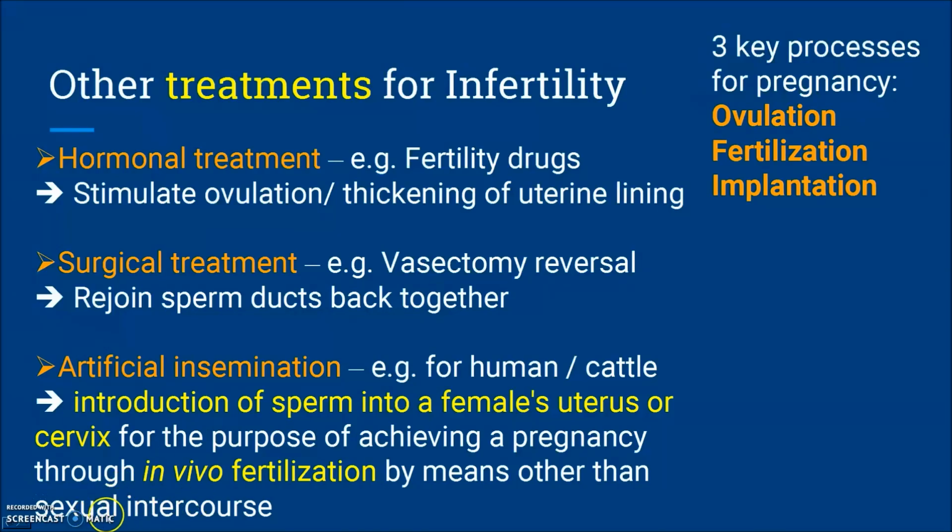Normally for humans, and also for cattle, we can perform artificial insemination. So there are many kinds of treatments for infertility. After we try all these methods and the couple still cannot get a baby, they will try in-vitro fertilization as the last means.